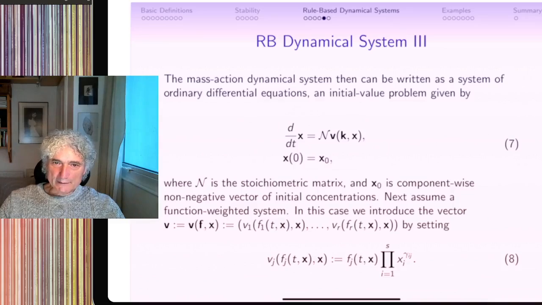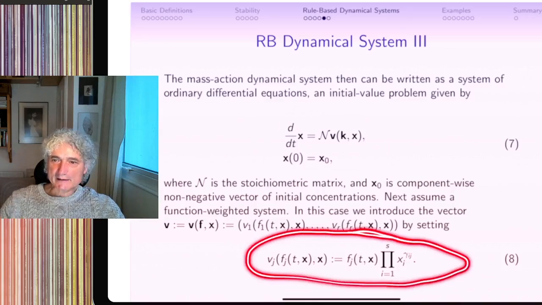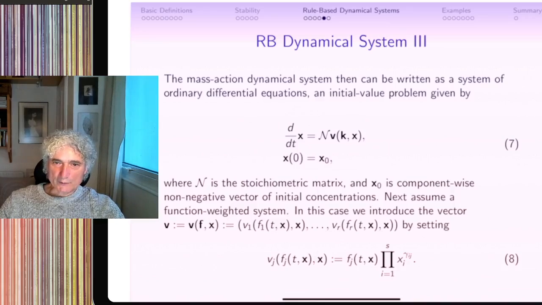Of course, remember that we also had cases where we have more than only constant rates. In this case, we can generalize the definition of reaction velocities, and instead of constants, we write here the functions which are on top of the rule arrows. So we call them function-weighted rules. So these functions just appear here in front of the product, replacing the reaction constants we had before.